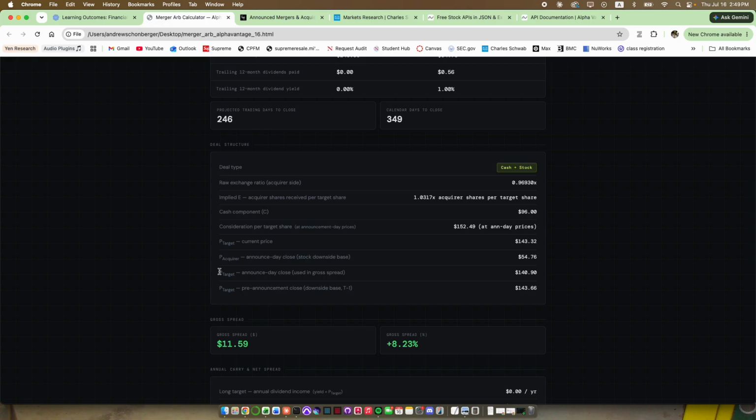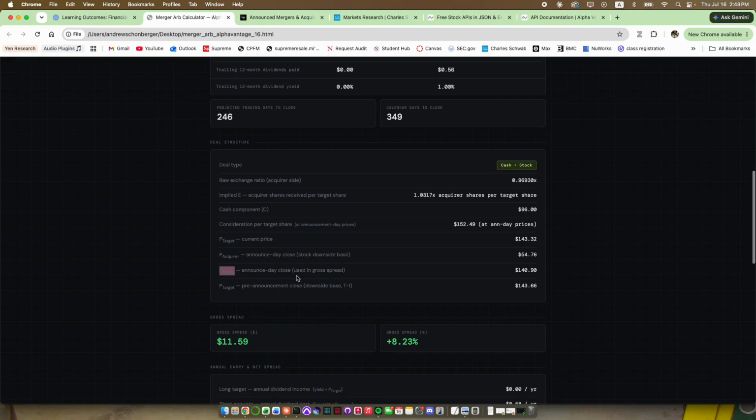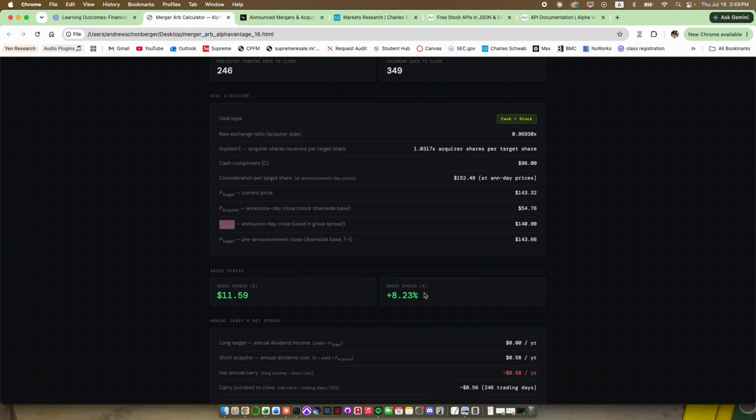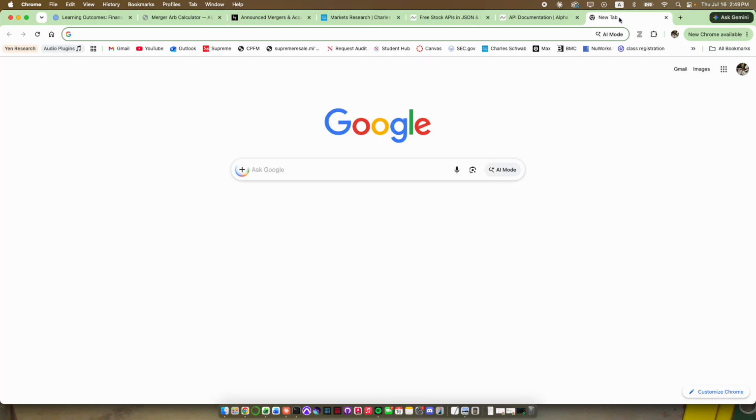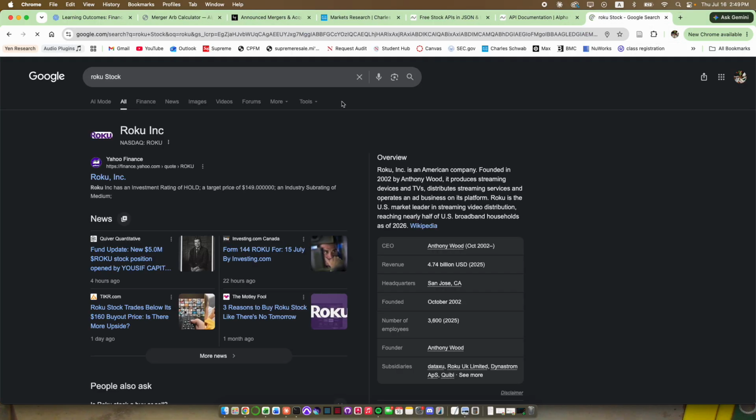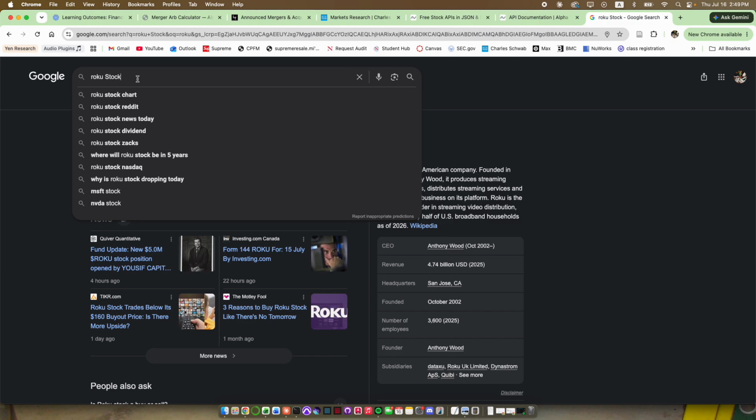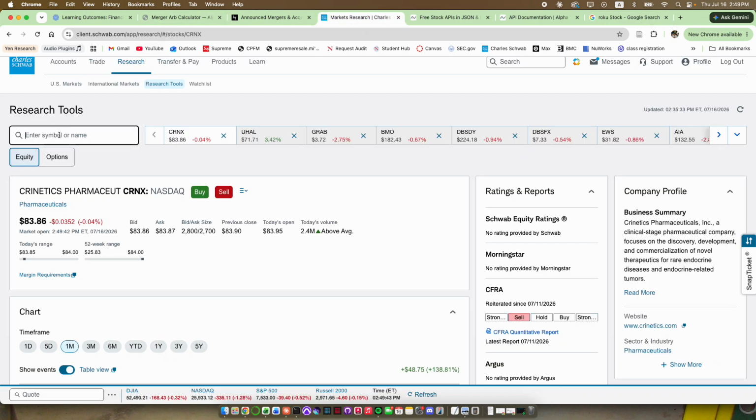And you need this information, like the price of the target at the announcement day, just to calculate the spread. And in total, it calculates that just by owning the two stocks. So if you just look them up, look it up here.